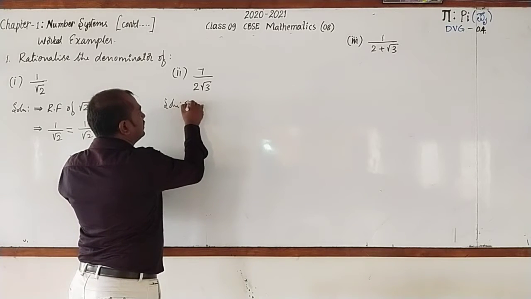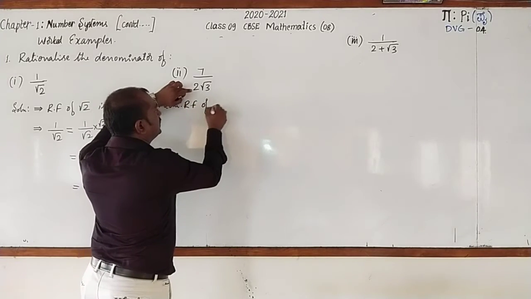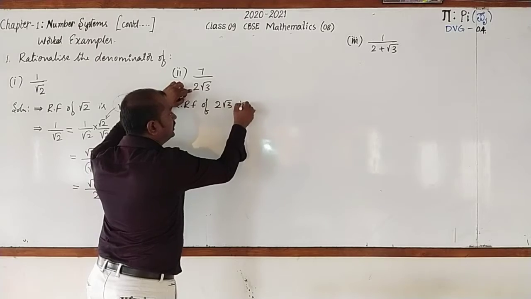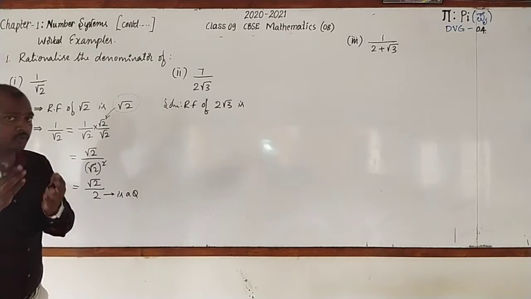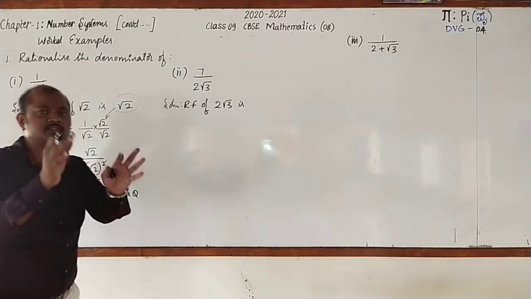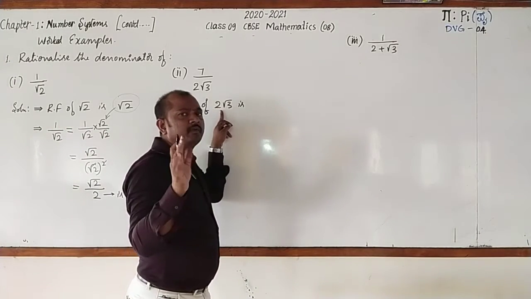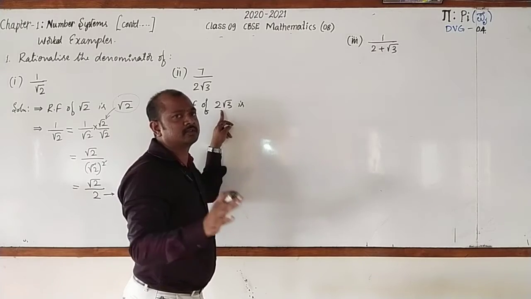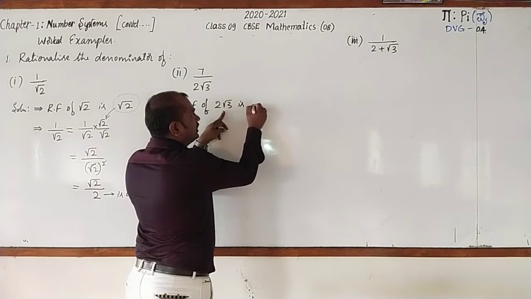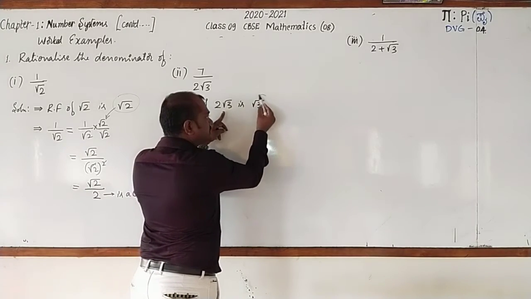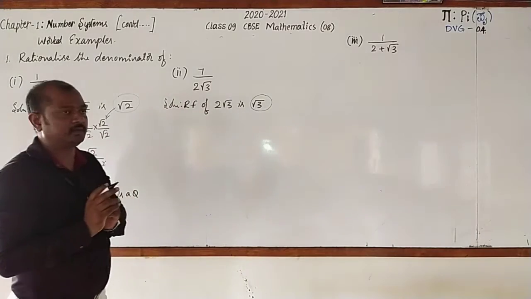Now I'll write the rationalizing factor of the denominator 2 into root 3. Whether you write 2 into root 3 or just root 3? Just root 3 only. We never consider the coefficient. We don't want it also. Here, root 3 is there. I'll write root 3. This is the rationalizing factor.